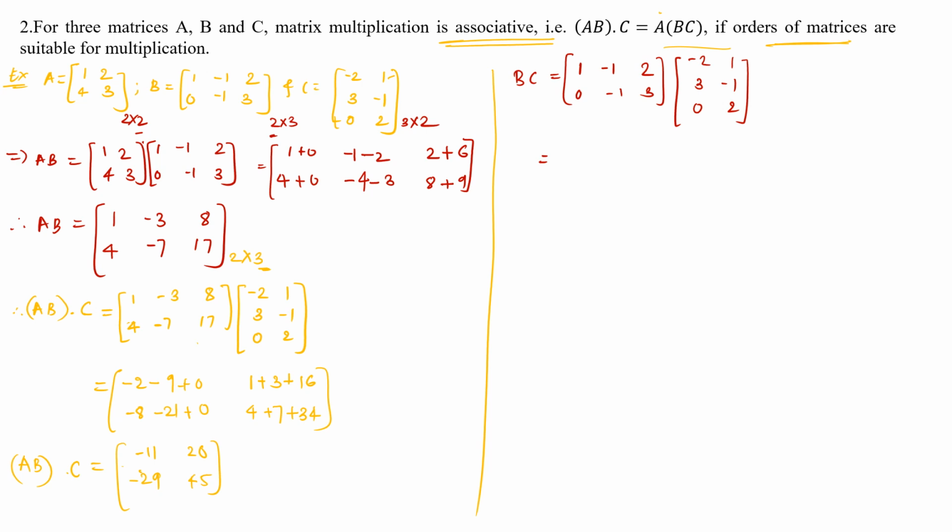तो ये होगा 1 into minus 2 minus 1 minus into 3 minus 3 plus 0. Then minus 2 plus 1 plus 4. Then second row 0 minus 3 plus 0 and then 0 plus 1 plus 3 2s are 6.